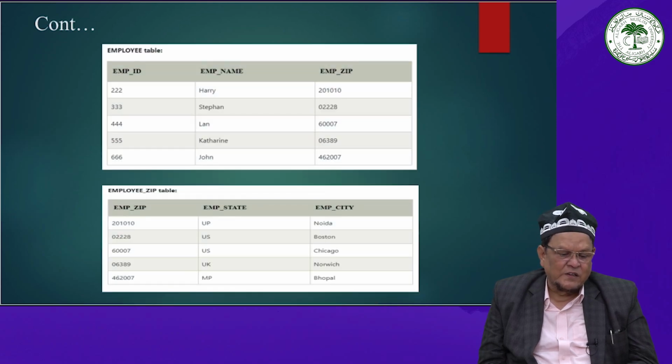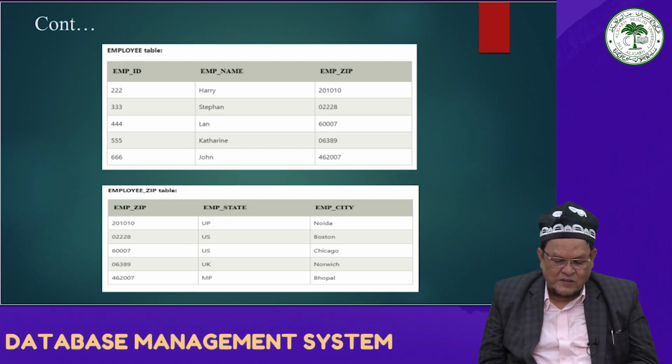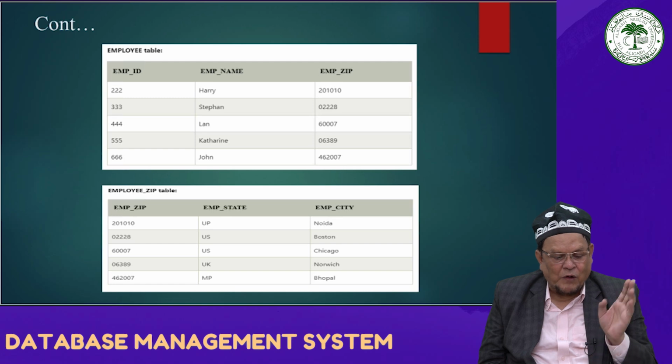Here you can see on the screen employee ID, employee name, and employee zip. And the next is employee zip, employee state, and employee city. So if you know the employee zip, by that you are able to find the details. By joining, you are able to find the employee ID.